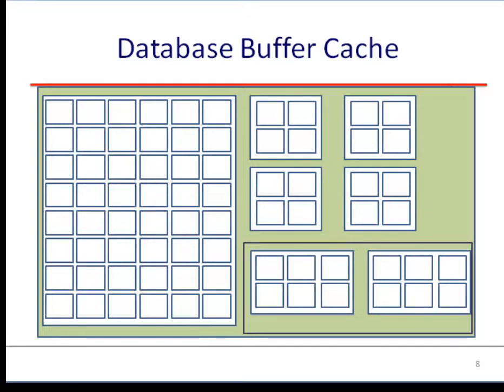So if, let's say, the default database block size is about 2K, then you should have the memory also in chunks of 2K, so that there is no mismatch between the memory size and the database block size. So typically it's a good idea to have the block size as a multiple of 2.